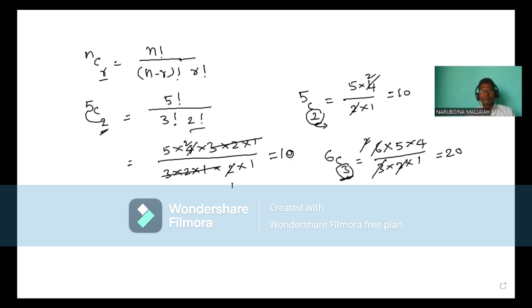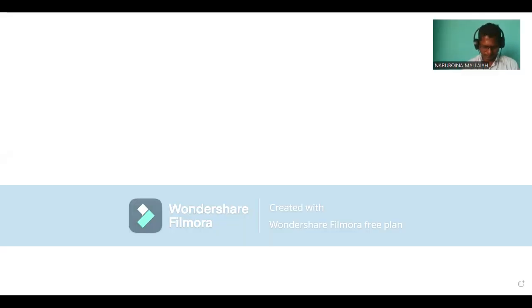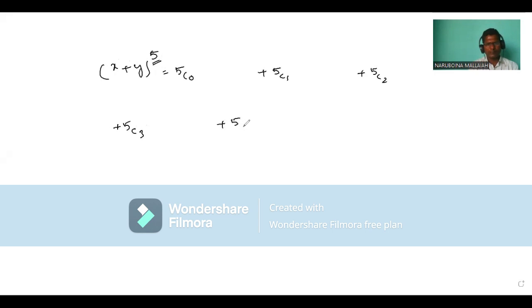Now let us take one binomial expression, (x plus y) whole to the power of 5. How do we have to expand this? See here, first write, when the power is 5, the coefficients are 5C0, after that 5C1, next 5C2, next 5C3, next 5C4, next 5C5.